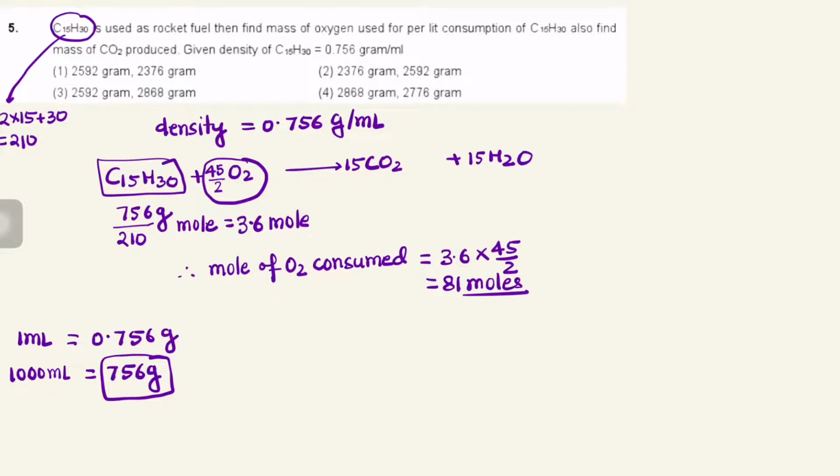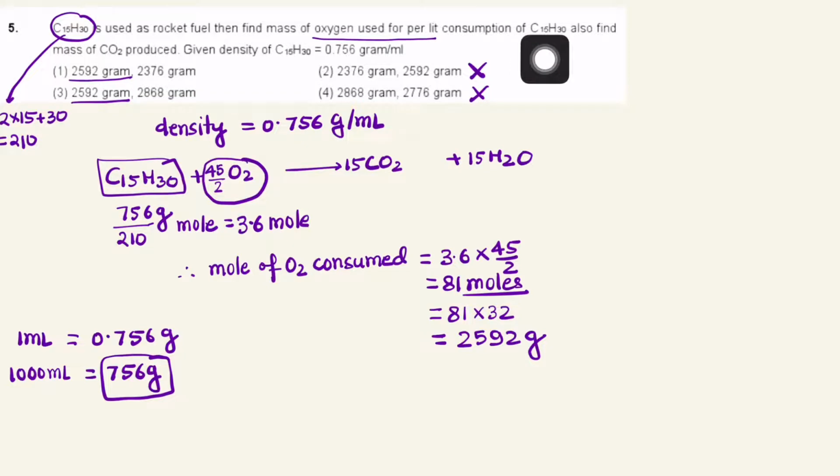So 81 moles of oxygen is used, and 1 mole oxygen is 32 grams, so it will be 81 into 32, and that will be equal to 2592 gram. So 2592 gram of oxygen is used, so this option is gone because they are asking oxygen used. This is also gone. Now either it will be 1 or 3.